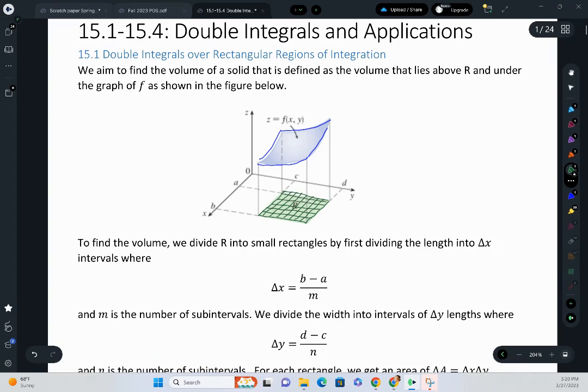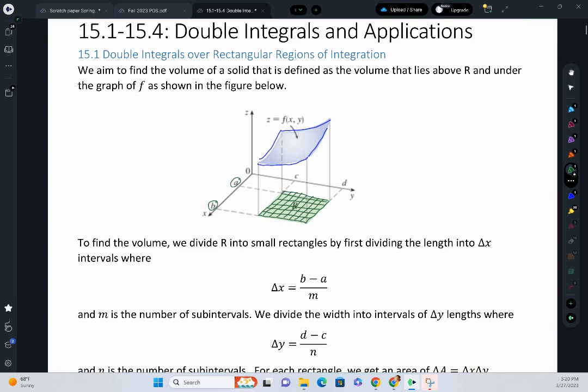And then when we put those all together, we have a whole bunch of little itty-bitty rectangles, and each one of those has an area. To calculate these values, we have an initial x value of a and a final x value of b, so b minus a divided by the number of rectangles we wish to have.